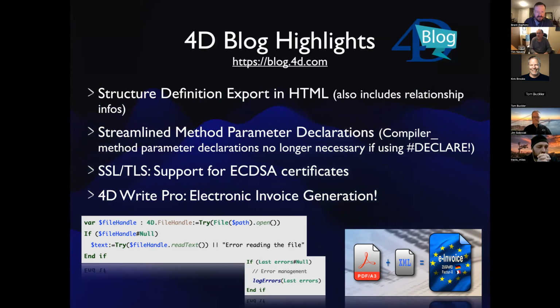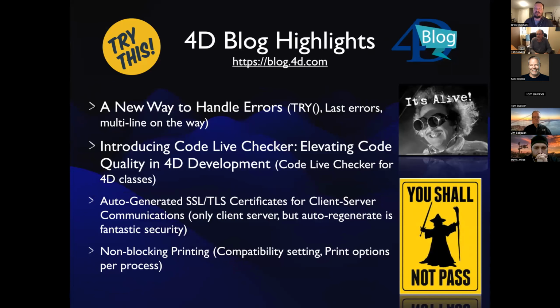Looks like these are a couple of things that are on the next slide, so we'll just jump to that. A new way to handle errors. We now finally get to use try, just like you see in some other languages, Python and whatnot.